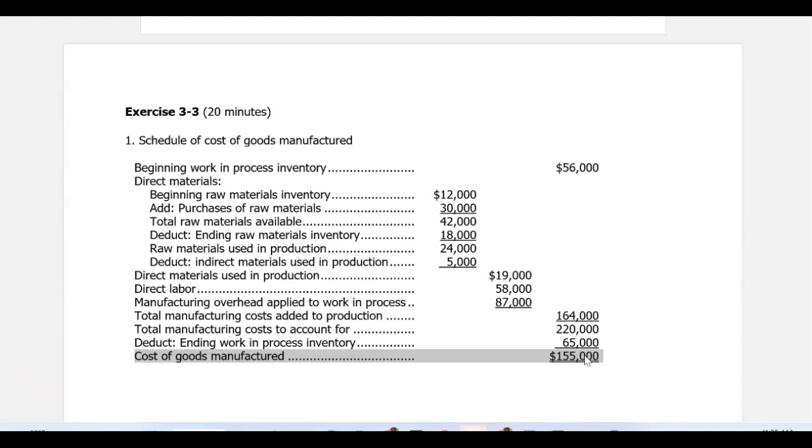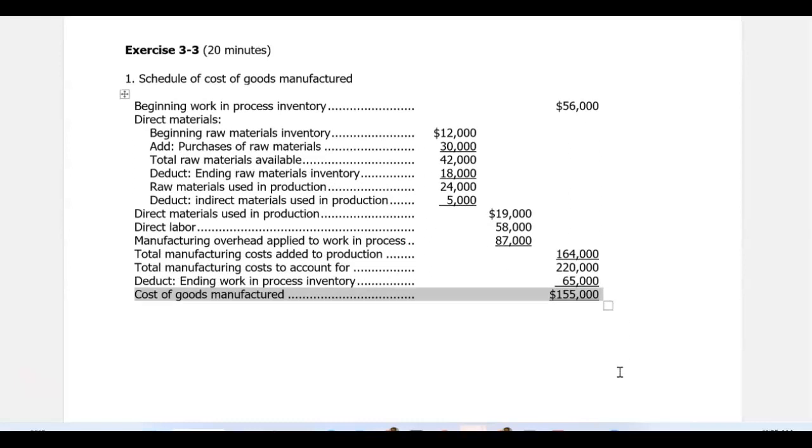So now we know how much cost of goods manufactured it is, which is $155,000. That means subtracted from work in process and added to the finished goods.